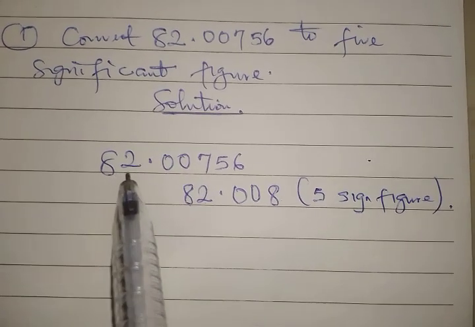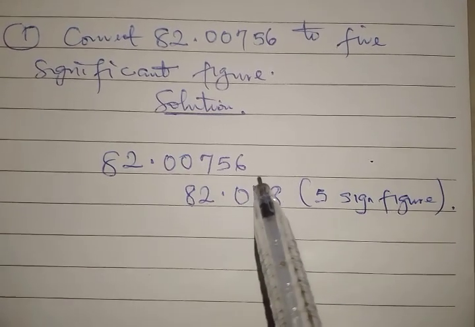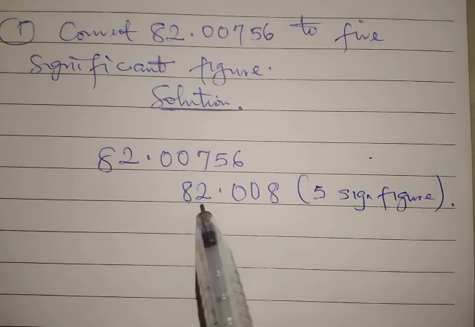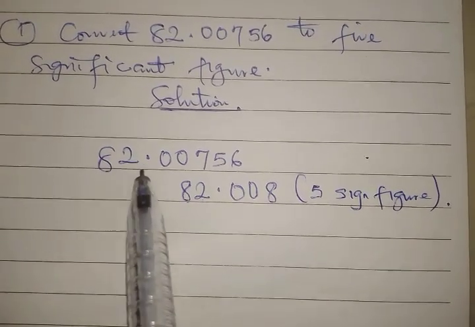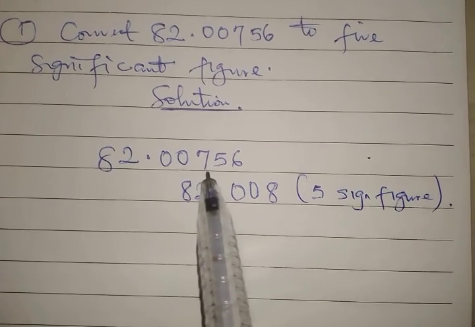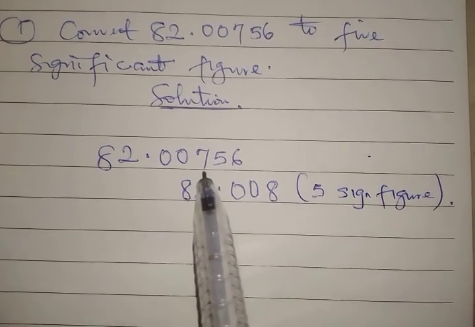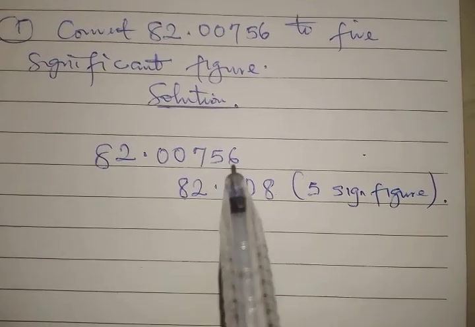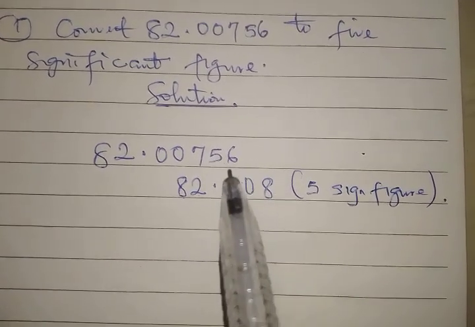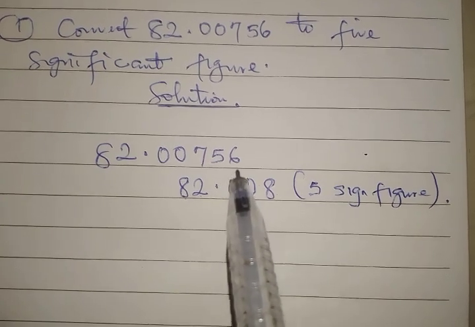So 82.00756 as a question will be 82.008. And why is it not 7? Because this is 1, 2, 3, 4, and 5. 7 here happens to be the 5th number. But then we're supposed to just write out 7, but we will be considering the number after 7.